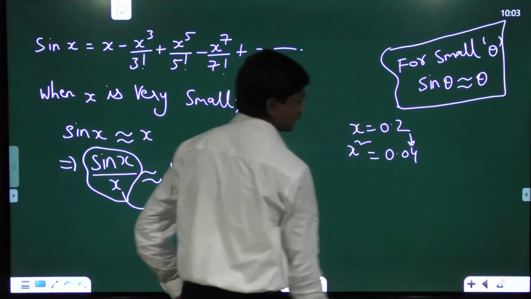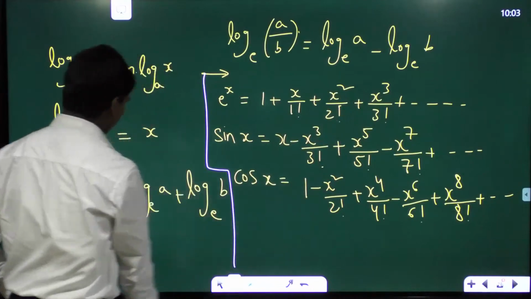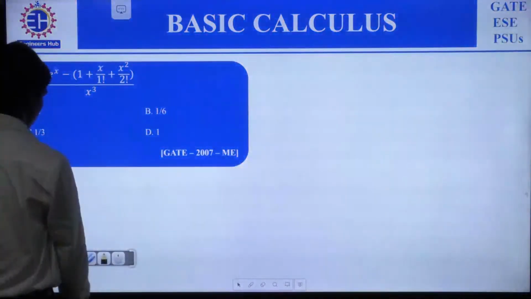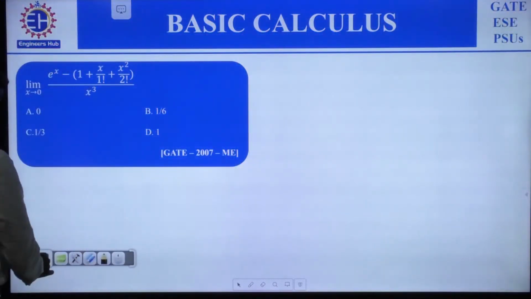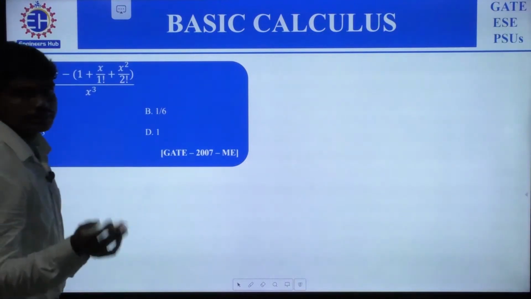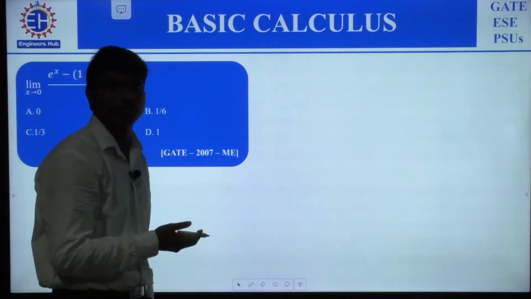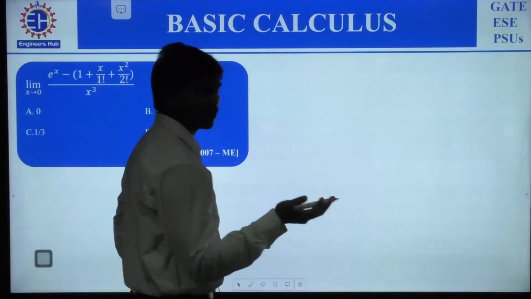So now, this is the expansion of e power x. If you go back a moment and see this question once again, we applied L'Hospital 3 times before to evaluate this limit, but there is actually no necessity of applying it 3 times.